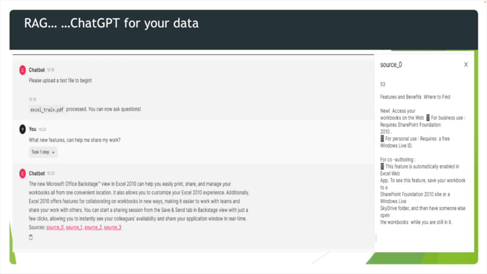The large language model is not going to invent stuff, and so we introduce into the system a level of reliability, something that we can trust, and maybe something that we can start using in businesses and organizations.